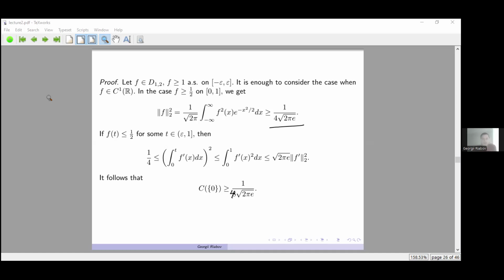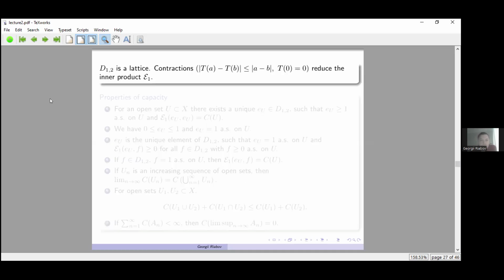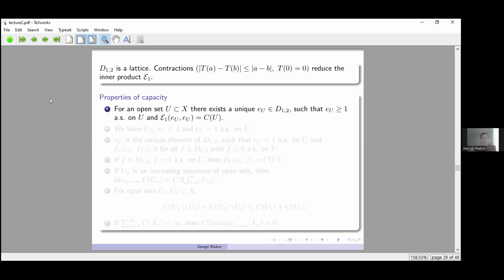And also I would like to show an example for the Brownian motion, but to do this, I need to state some properties of a capacity.